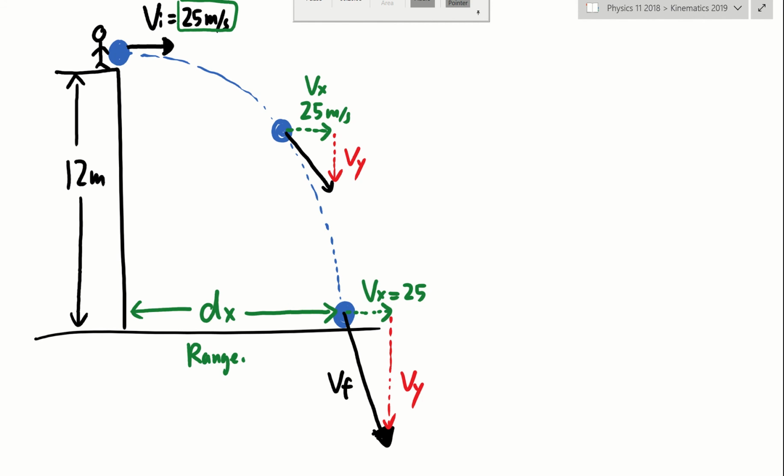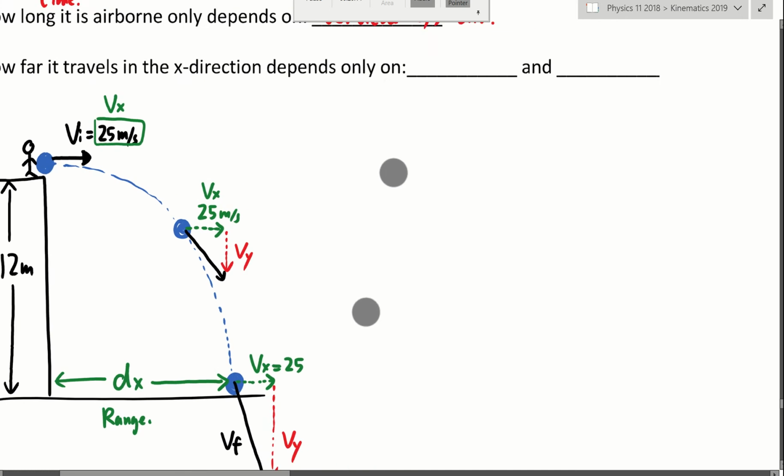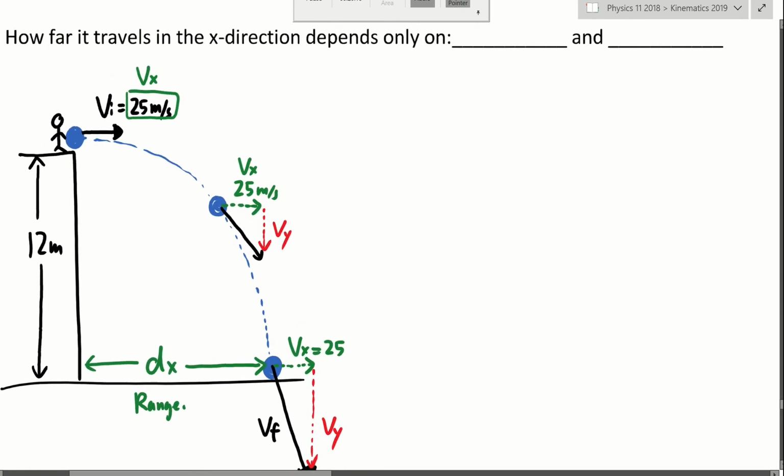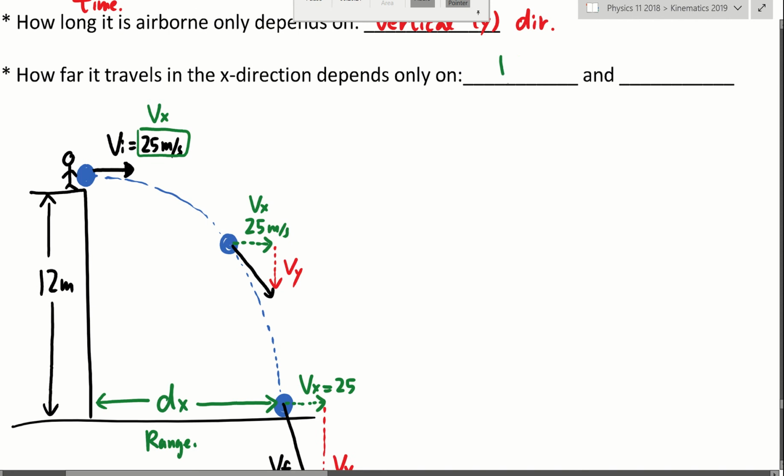So we don't have to worry about Vx. If you want to get that range, just get the time somehow. Okay, so here is our two things that we need to get. How far will the object travel? Well, I have my Vx. Yes, I do. It's 25. I have to get a time. And once I have time and my Vx, I'll get the range.